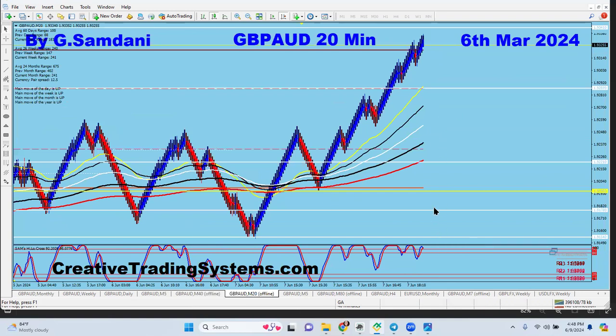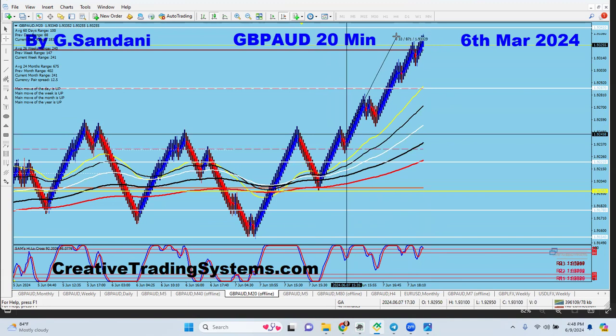So this was a 7-minute chart entry. My entry was here. And on the 20-minute chart, you can see this was the entry here, and after that it went up all the way, right? So from here to here was the trade for 80 pip, 85 pip, easy.